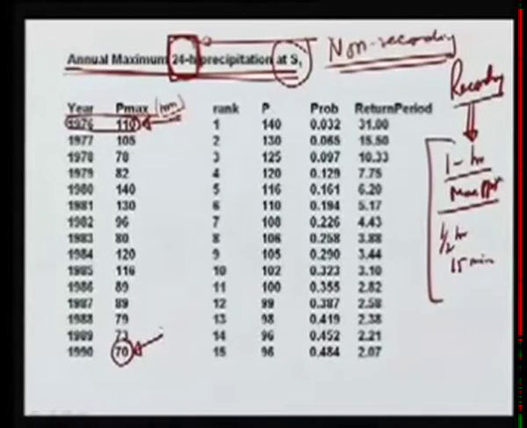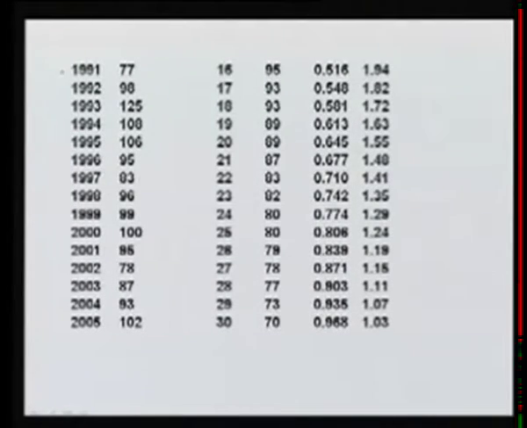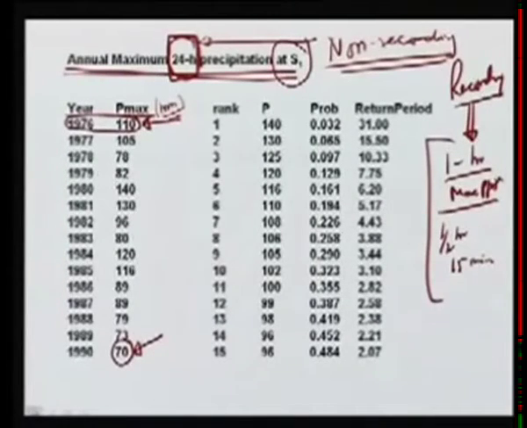So in order to analyze this data, now this is only up to 1990, we have data up to 2005. So we can see that sometimes maximum precipitation in a day is 10 centimeters, sometimes it is 125 millimeters, in some years it may go as high as 140 millimeters.